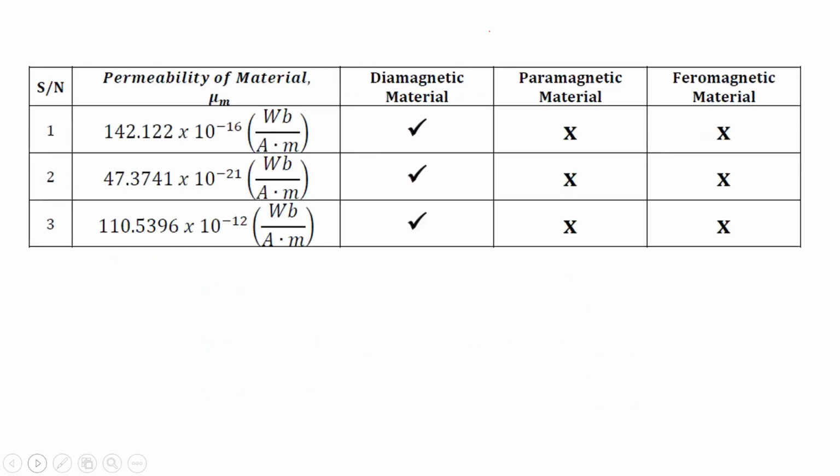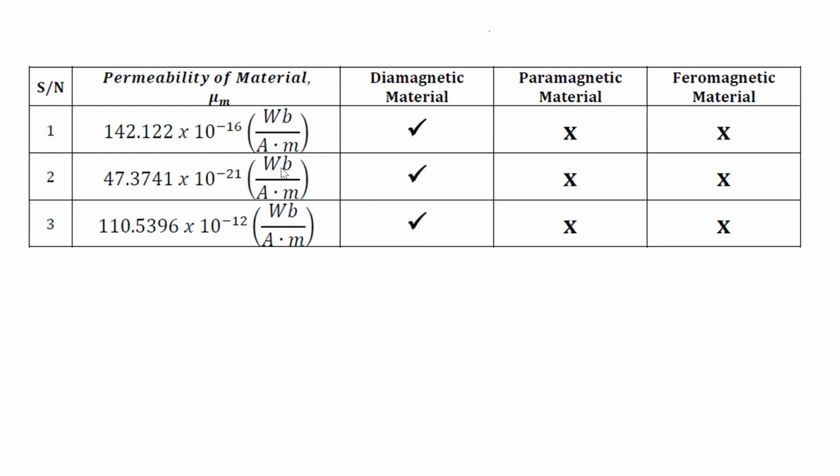And it said they should categorize the materials. You can see that these materials are very poor in relative permeability. From what we have, you can say that all these materials are diamagnetic materials. Are you following me?